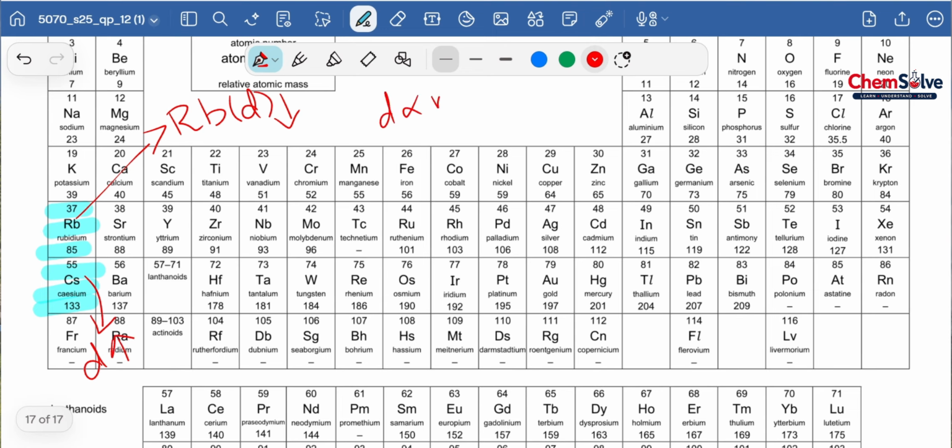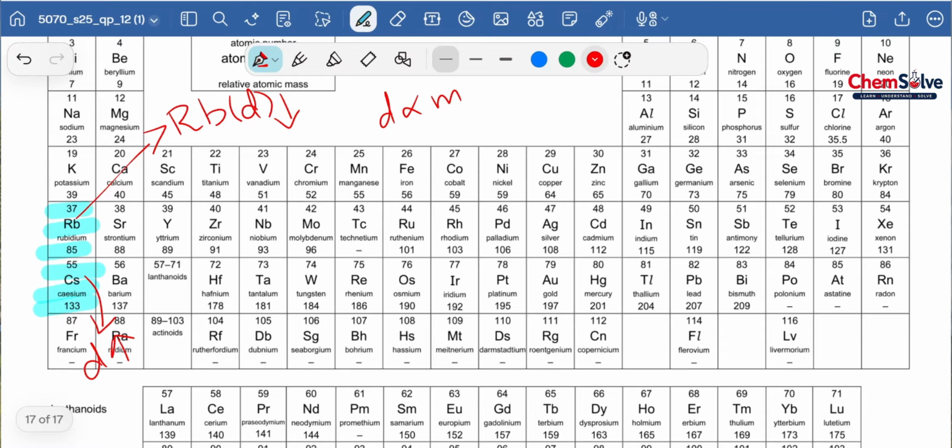The mass of rubidium is 85 and the mass of cesium is 133, so cesium's density would be greater than rubidium.